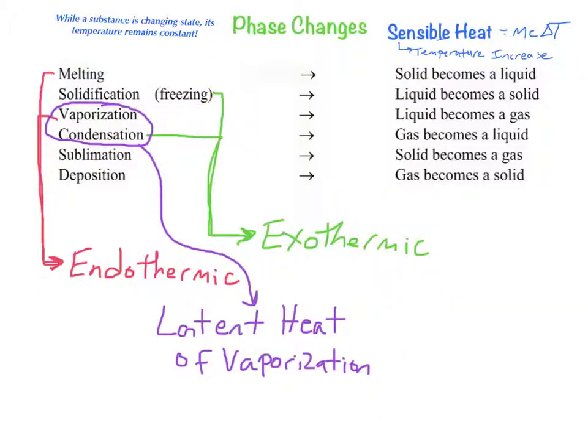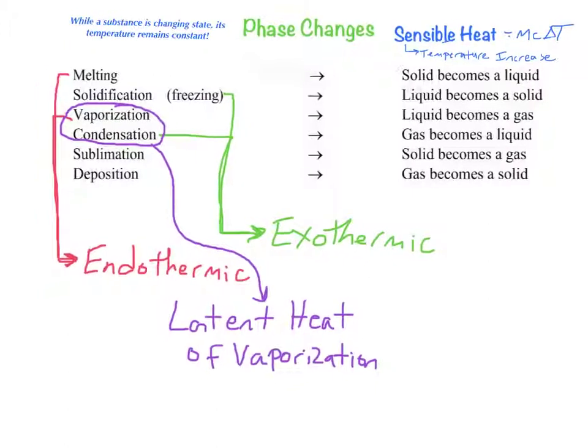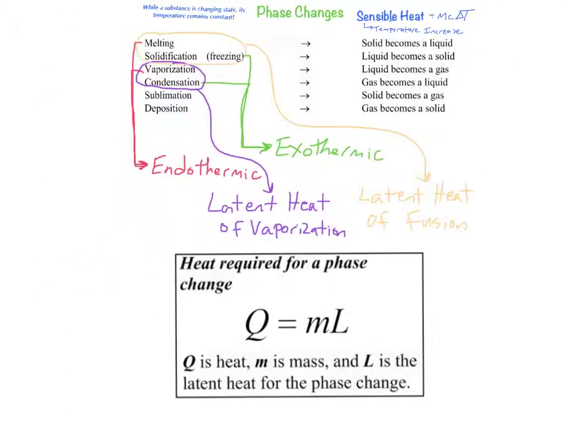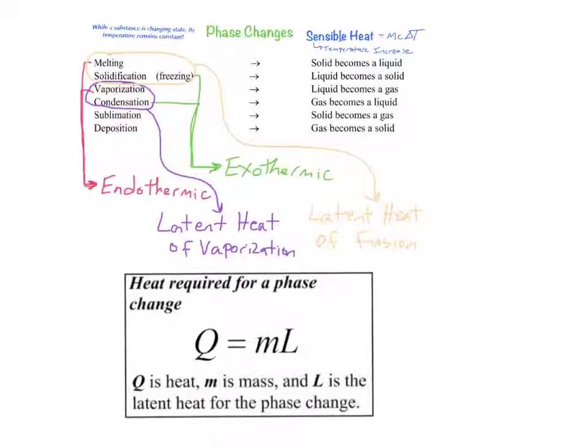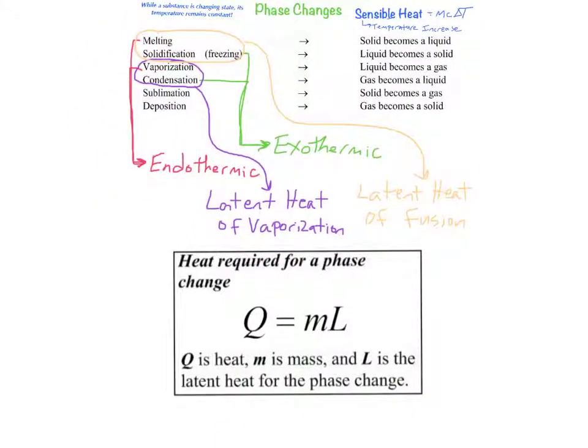So the heat required for a phase change of a substance is given by Q equals mL, where Q is the heat energy, m is the mass of whatever substance we're talking about, and L is the latent heat for that phase change. It's either going to be latent heat of vaporization or latent heat of fusion.